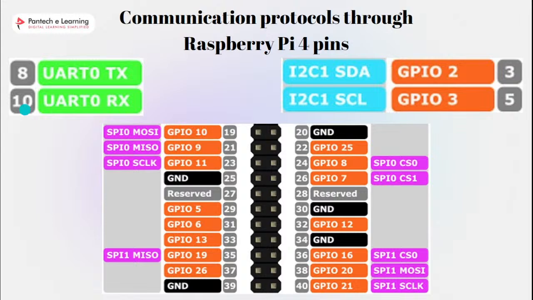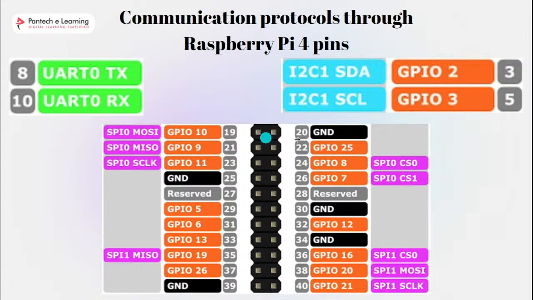If the component you are communicating with is not already powered, you will also have to use a power pin, which is 3.3 volt or it can be 5 volt, to power on that component, right? By using a UART to USB converter, you can communicate between your laptop and Raspberry Pi with UART. Now, to use UART in your code, you can use the library called serial library in Python and wiringPi in C++.